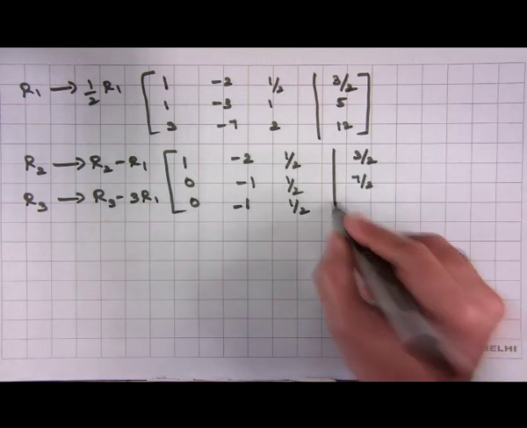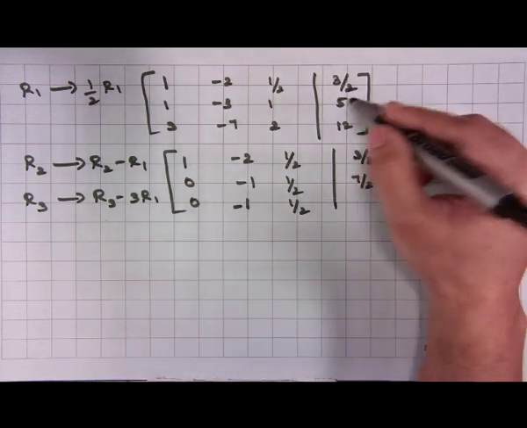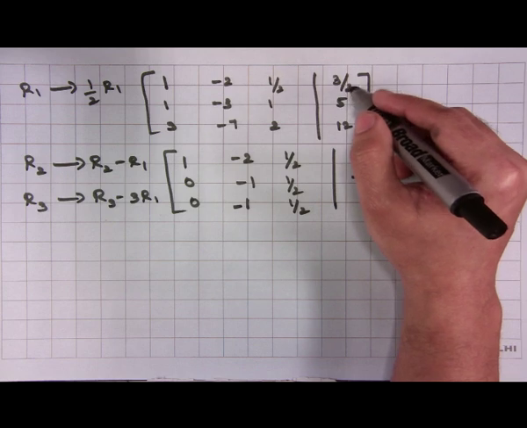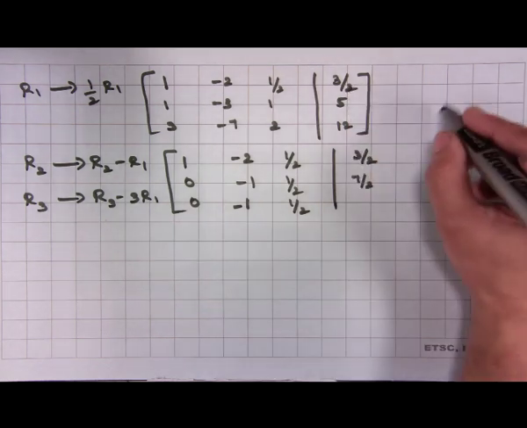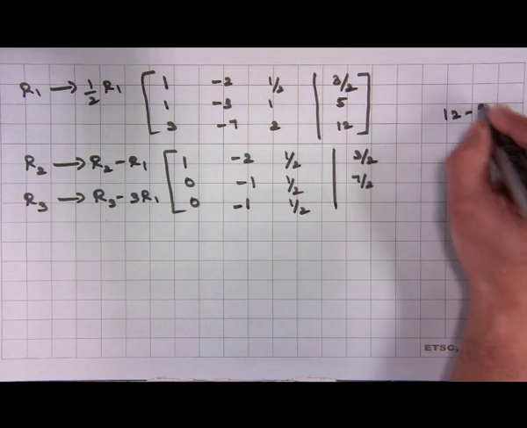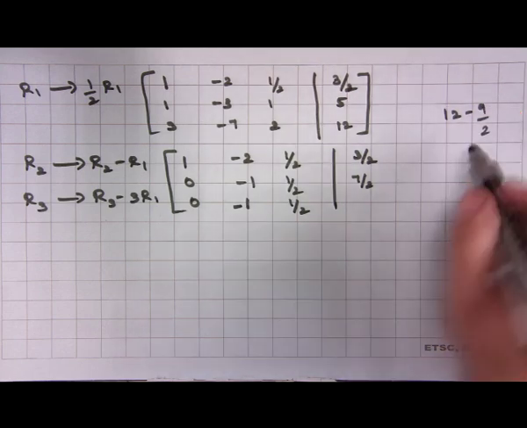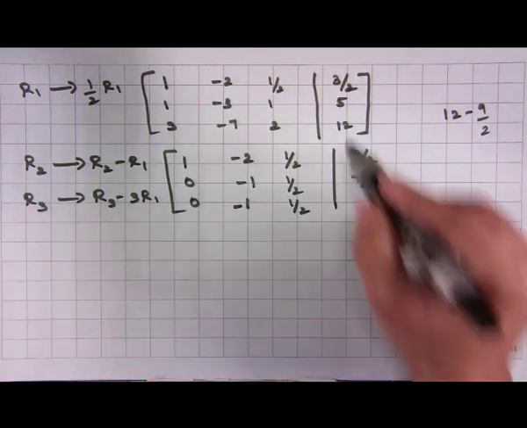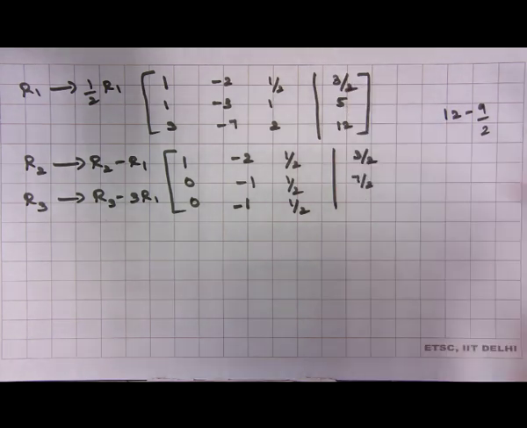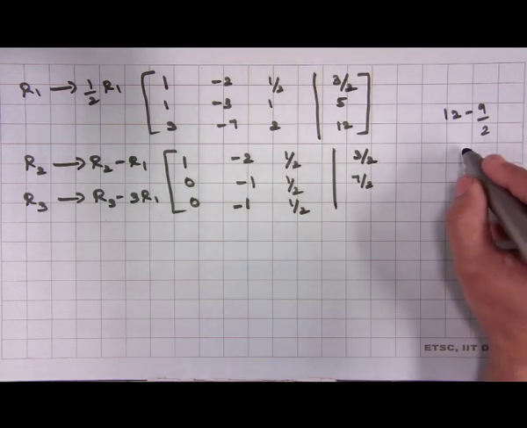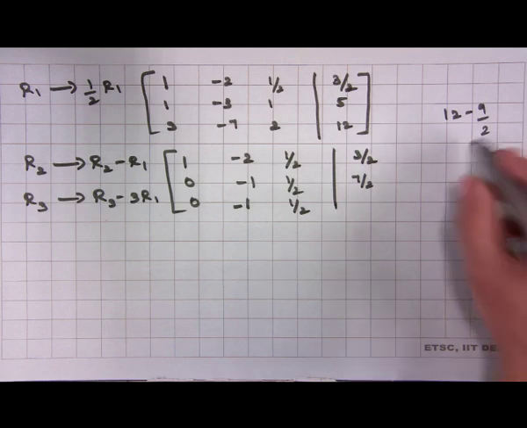Fine. And finally, 12 minus 9 by 2, R 3 minus 3 times R 1. So, 12 minus 3 times 3 by 2, which is 9 by 2. So, 24 minus 9, which is 15 by 2.